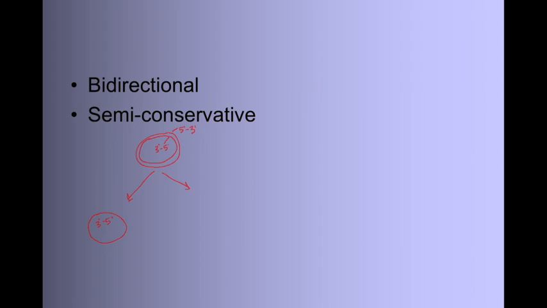So let me try to change this color just so I can show you the difference here. If that's the old strand, then this is the new strand that's made as a complement to that template, right? And this would be the new strand in the 5' to 3' orientation. So one old and one new.